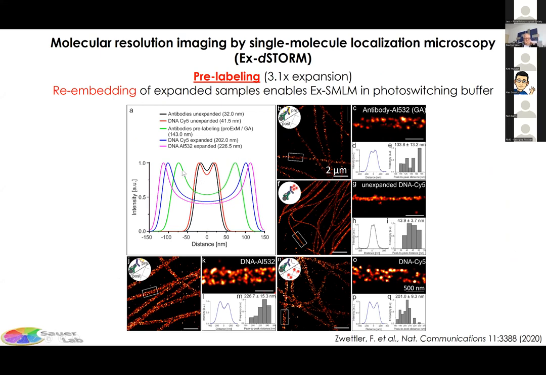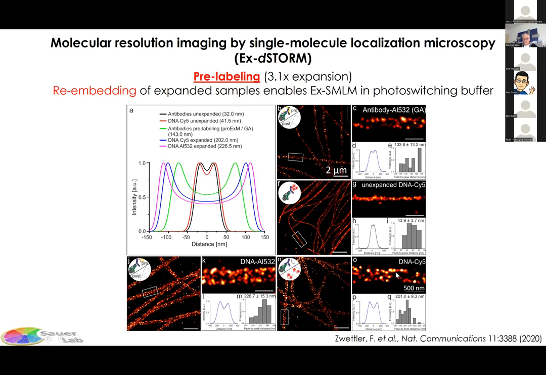So here, for example, in green is just immunolabeling, primary, secondary, pre-labeling. If you modify your secondary antibody with different DNA constructs of different length, you should end up with even larger diameters or peak-to-peak distances. And this is exactly the case. So for immunolabeling in this experiment, we end up with 134 nanometers.